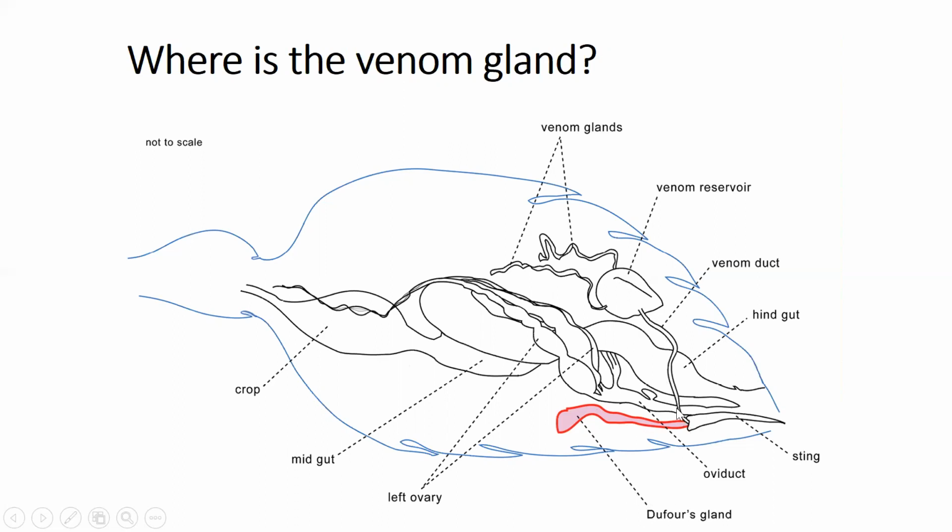So this is the one commonly seen, the venom reservoir and venom glands, right? Venom is released along the venom duct, and when the ant stings you, that secretion is passed into your body.